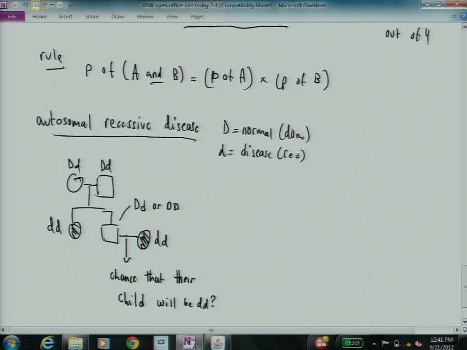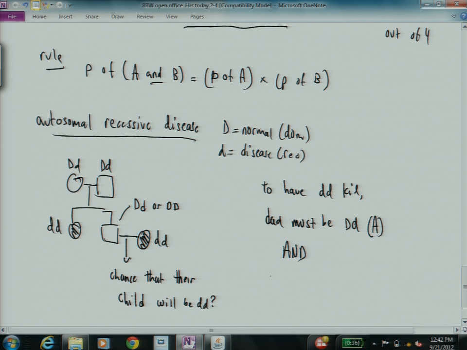To have a little d kid, Dad must be big D, little d. We'll call that event A. And he must give his little d to the kid. And we'll call that event B.